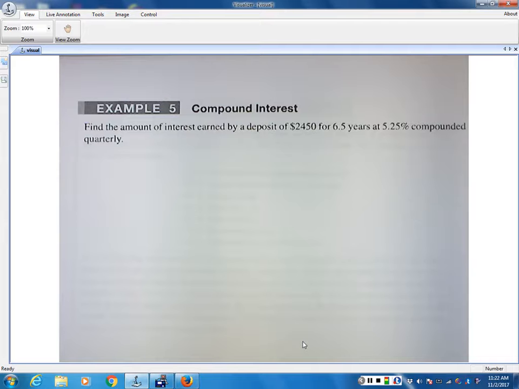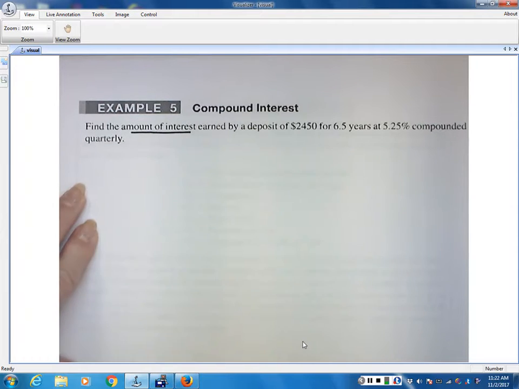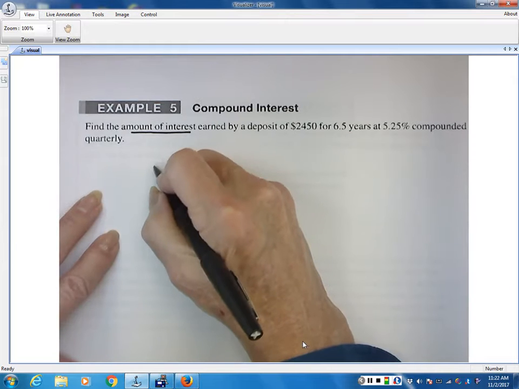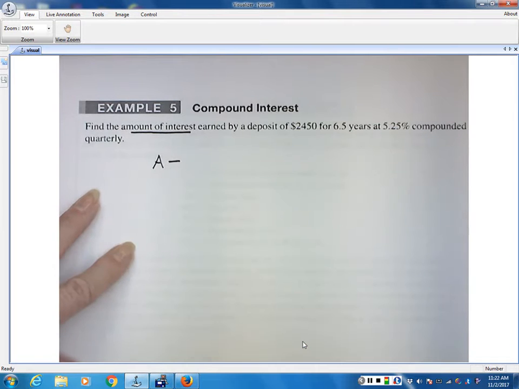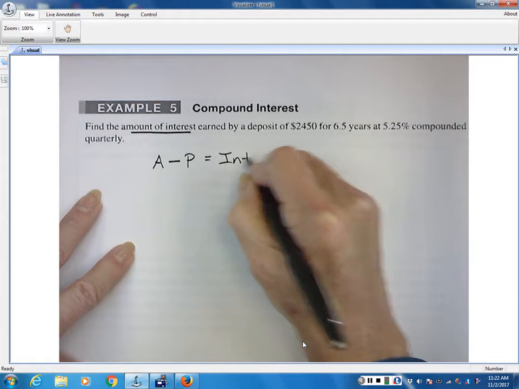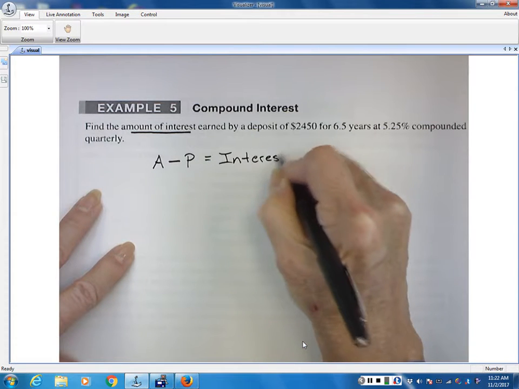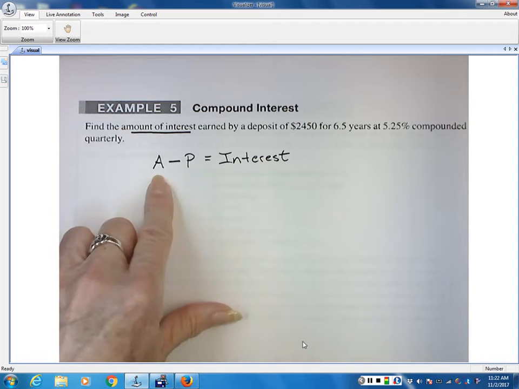Okay? They only want the amount of interest. So ultimately, we're going to take the future value and subtract the present value. So even though it only asks for the amount of interest, we're still going to have to find the future value to be able to get that.